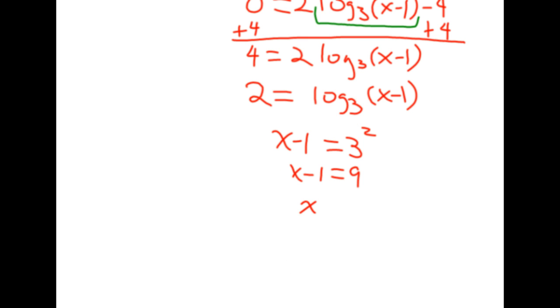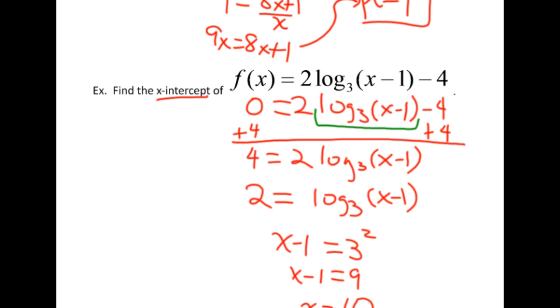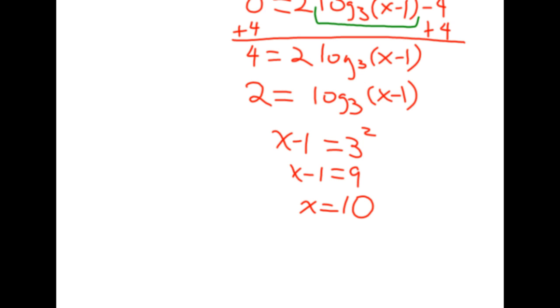And so x will equal 10. Plugging 10 back into my log expression, 10 minus 1 is 9. That's a nice positive number, so I know that it exists. So my x-intercept is simply 10 comma 0. And that's how you can solve for the x-intercepts using this log solving skill.